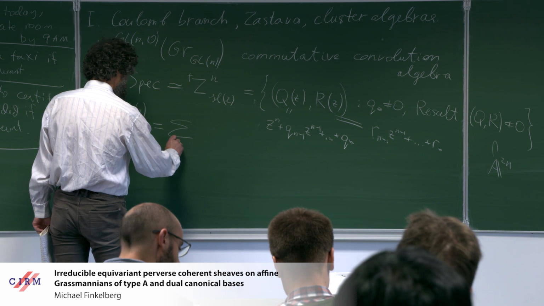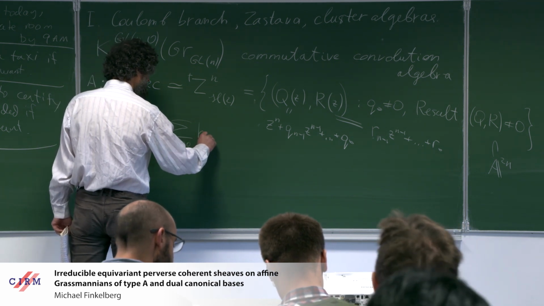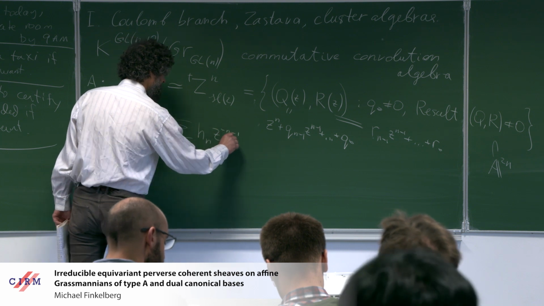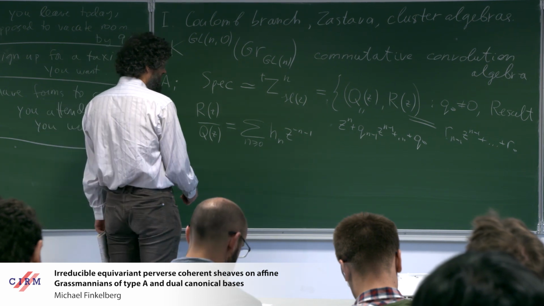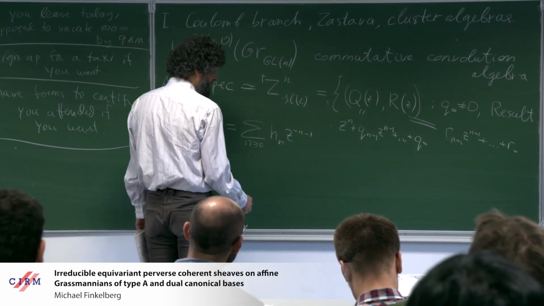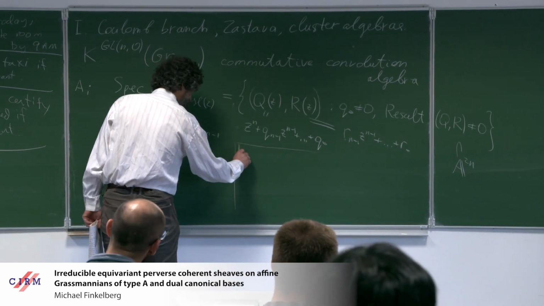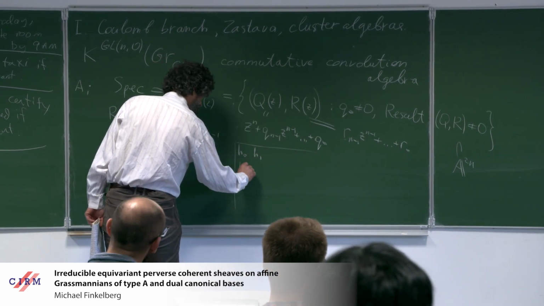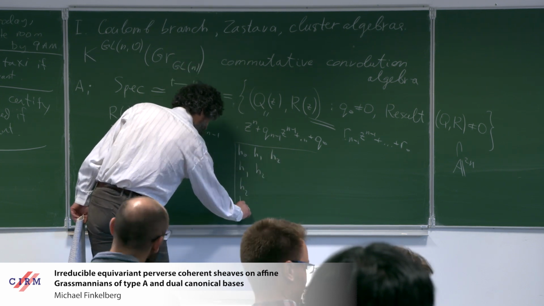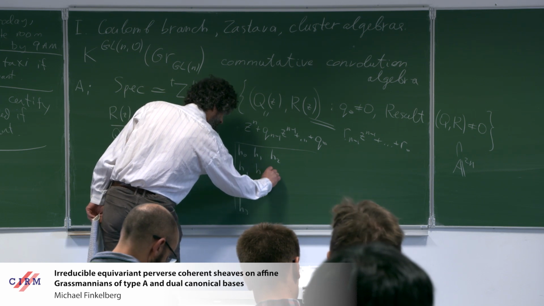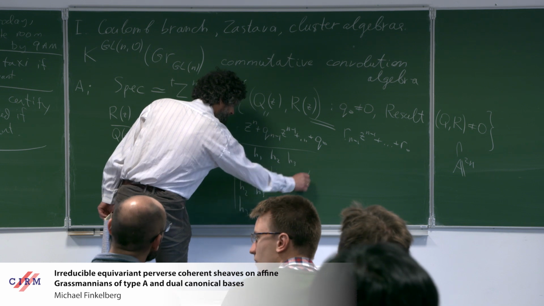So it's the sum of infinite Taylor series in the inverse, and now we form a Hankel matrix like this. And so on.